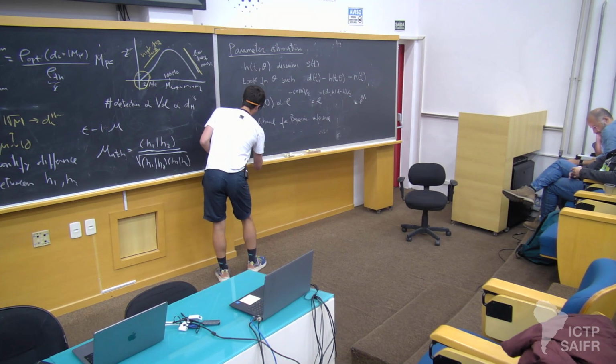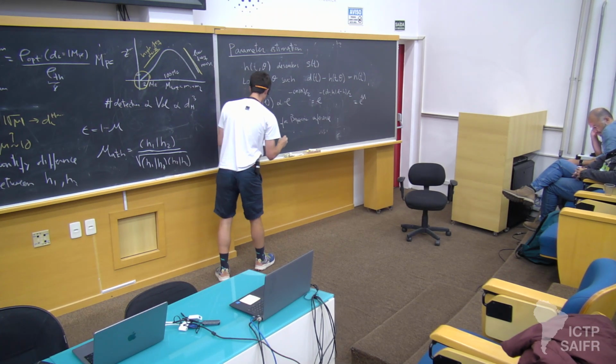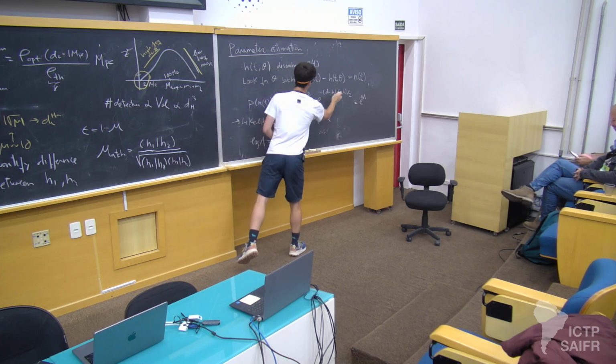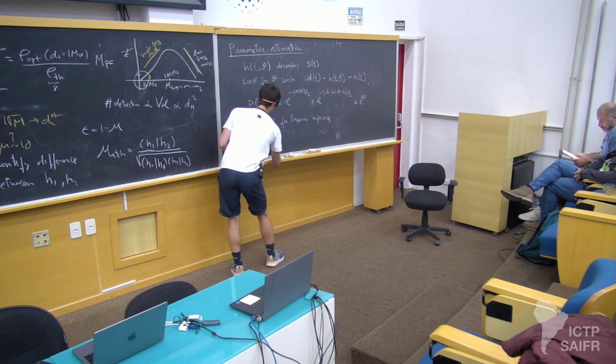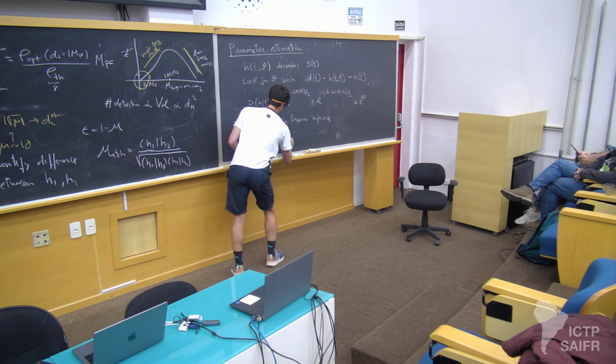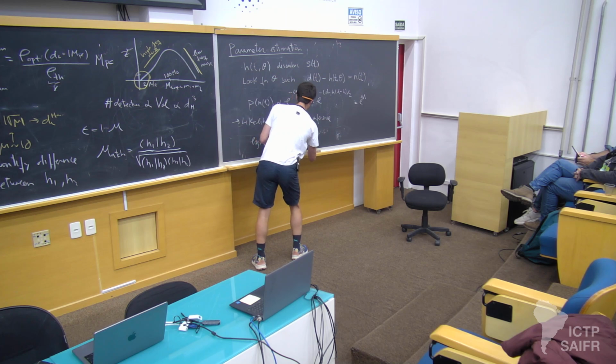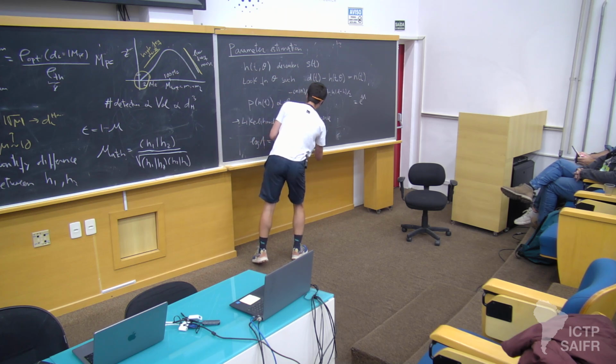Then the log likelihood in this case will come from this inner product that you can expand, and you will get the data inner product with the template, and then minus 1/2 of the template with itself.